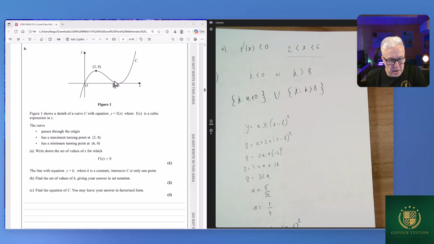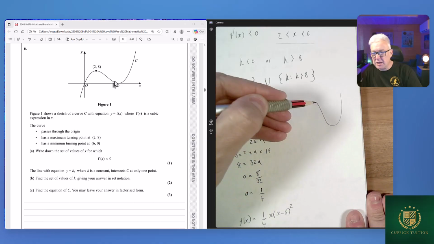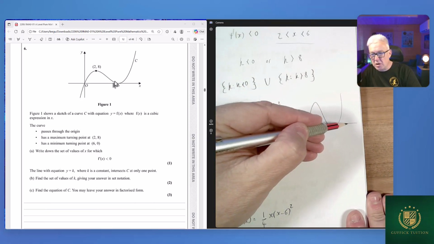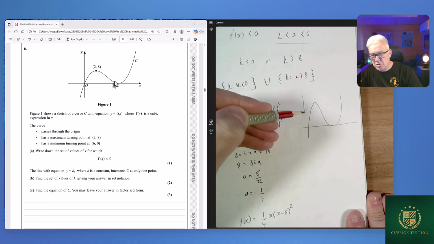Now, it says the line with the equation y is equal to k, where k is a constant, intersects C at only one point. Find the set of values of k, giving your answer in set notation. So let me just quickly sketch our graph. This is just a rough sketch.